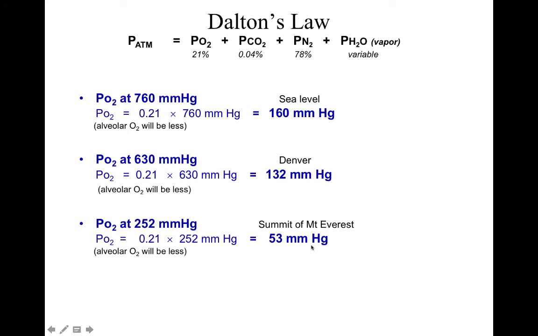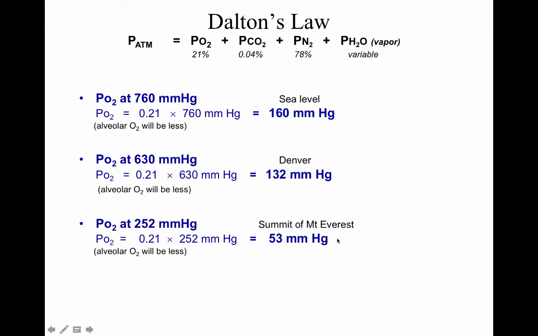And if we were on the summit of Mount Everest, we would see that pressure drop to 53 millimeters of mercury. So you can see why some sports players that start at sea level may need a day or two to acclimatize to Denver. They need to release more erythropoietin, put more red blood cells into the mix, and start moving more oxygen because there's less of it coming into the lungs at lower pressure.